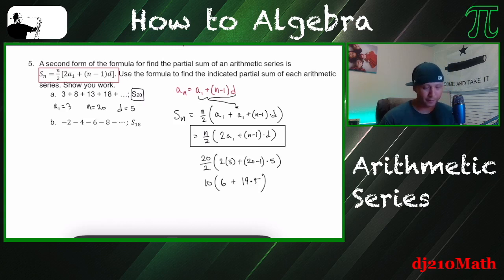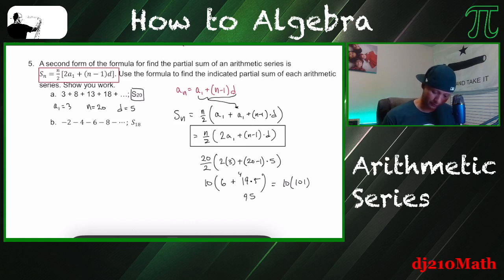Think about this for a second. 19 times 5: 5 times 9 is 45, carry the 4, 5 plus 4 is 9. So 95. All right, 6 plus 95 is going to be 101.